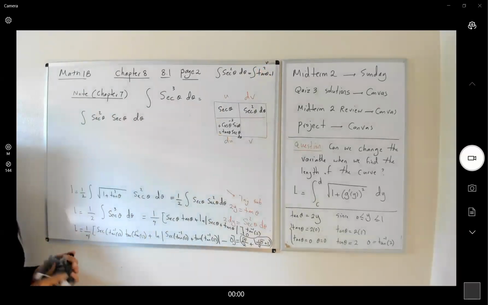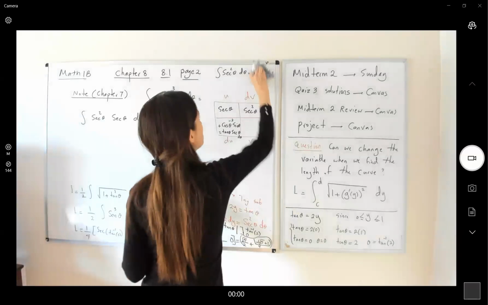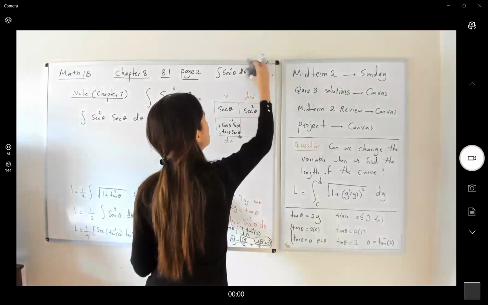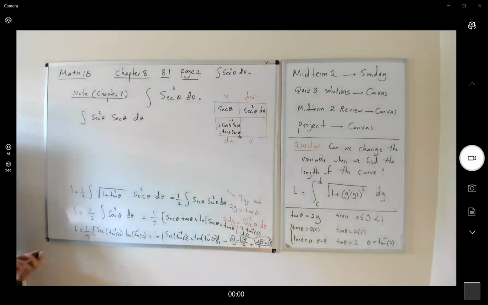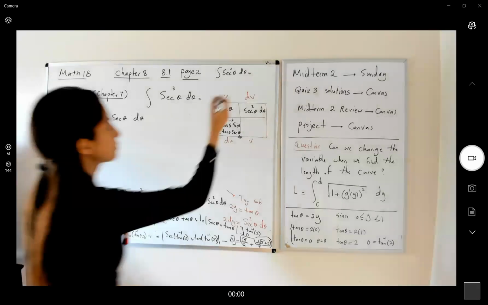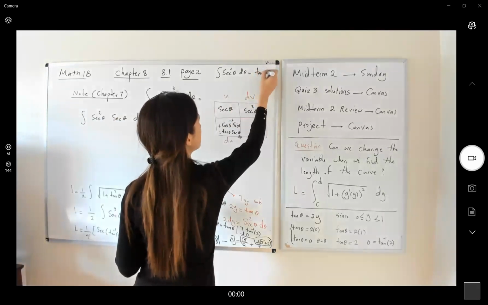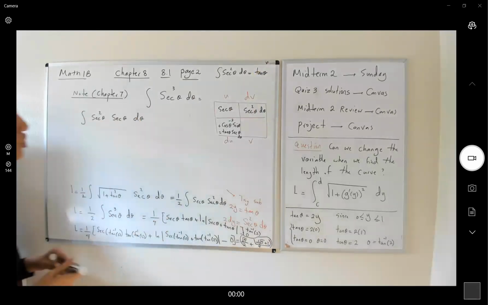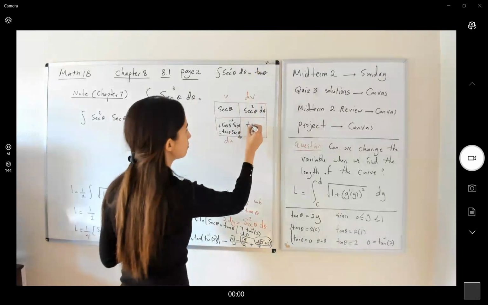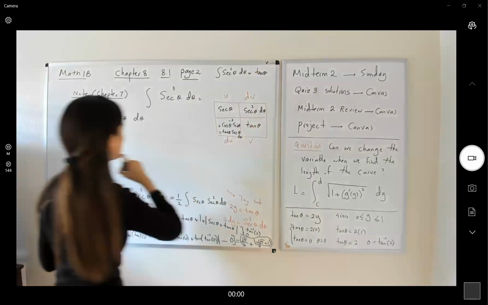And you can eventually simplify this integral. The tangent. We don't need constant of integration here. So v is tangent theta.